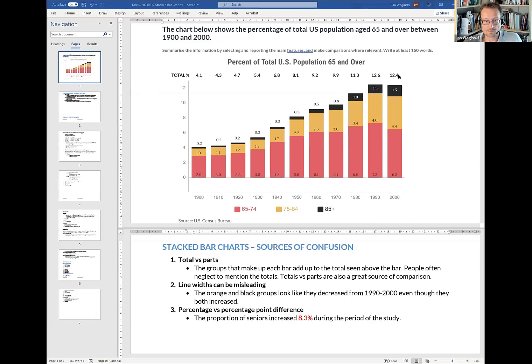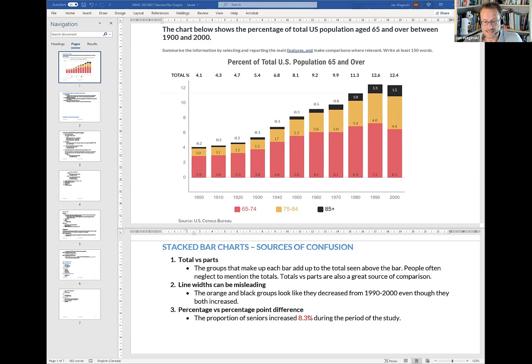That's 12.4 minus 4.1, 8.3%. But it didn't. The percentage of seniors as a proportion of the population actually doubled and tripled in that time, from 4.1 to 12.4%.